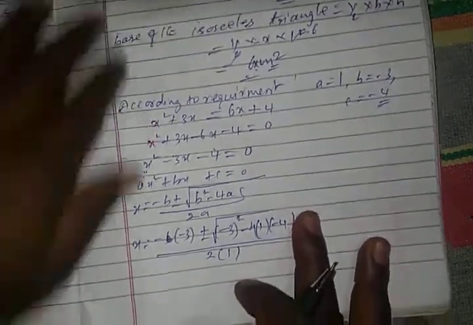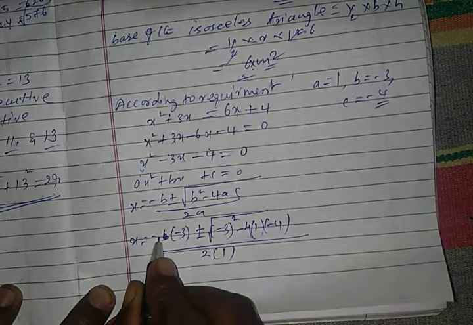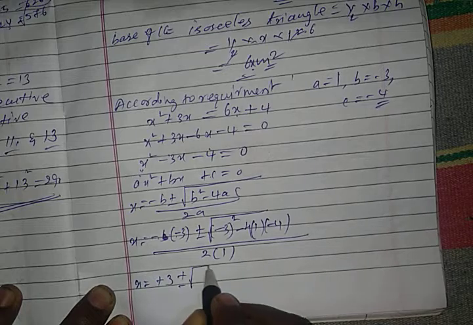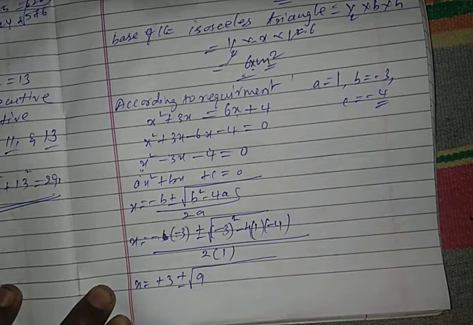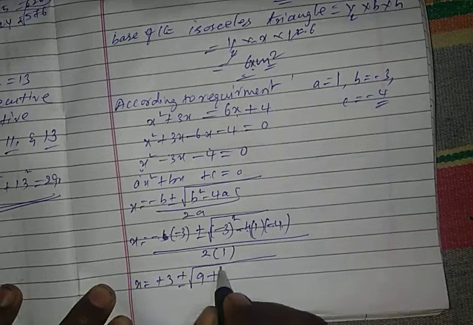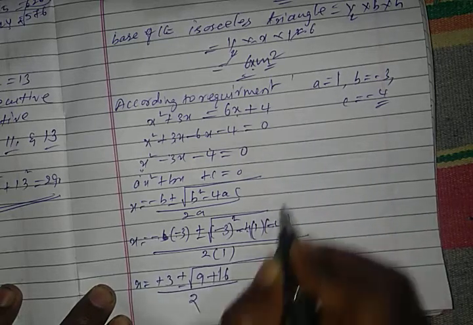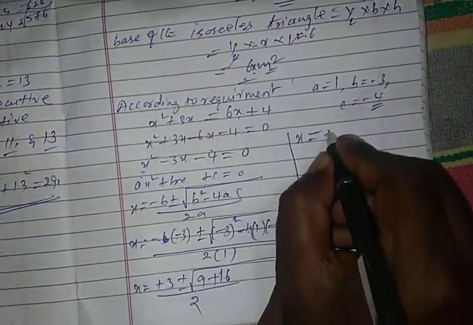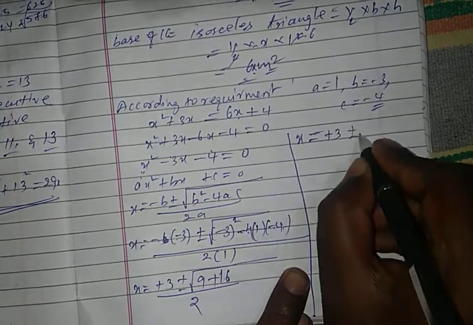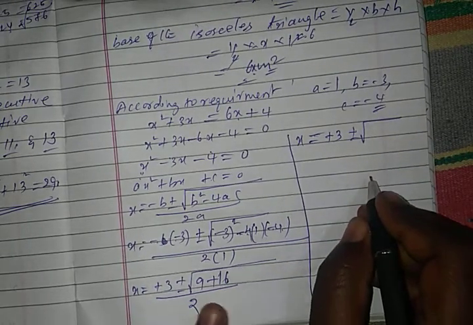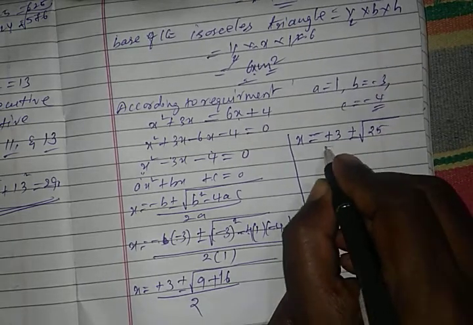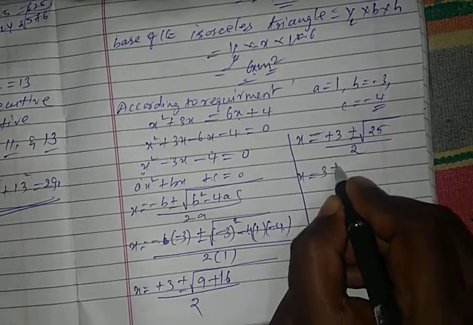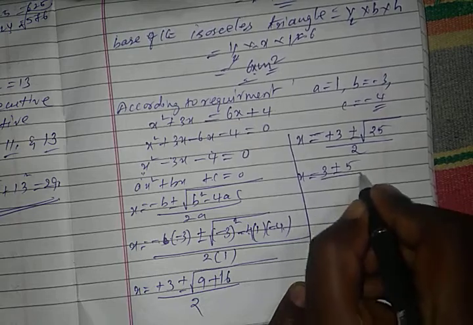So x is equal to plus 3 plus or minus square root of minus 3 into minus 3, which is 9, and minus into minus is plus, 4 fours are 16, whole divided by 2 into 1, which is 2. Then x is equal to 3 plus or minus square root of 16 plus 9, which is 25, divided by 2.